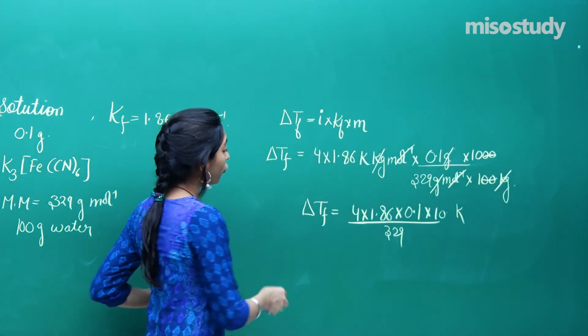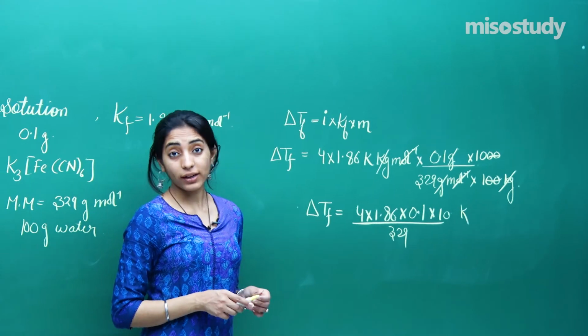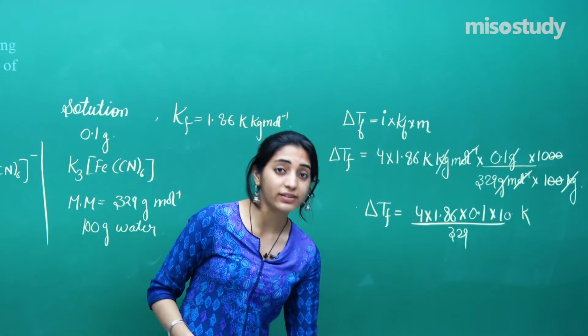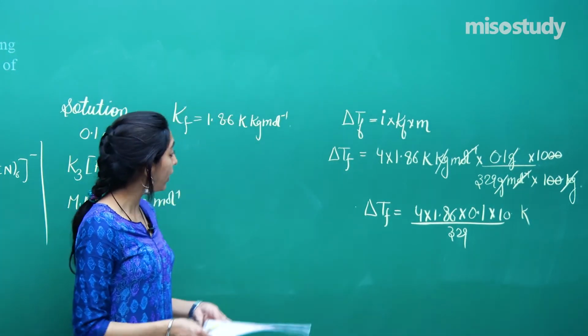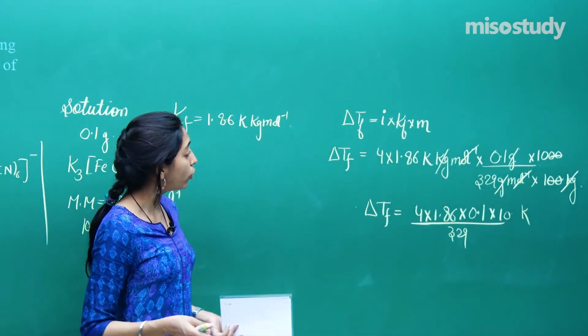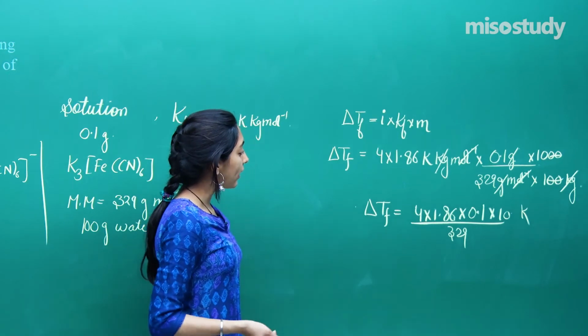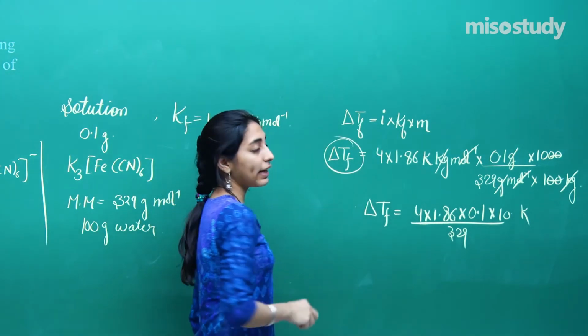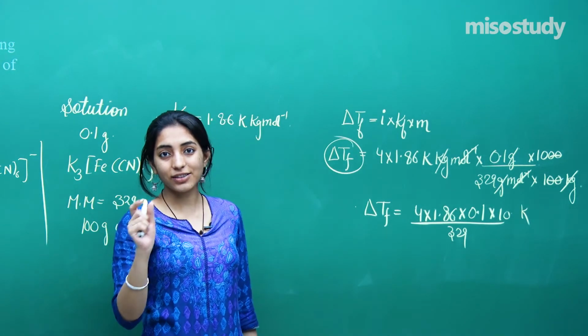Okay, and now you know, right, that simple water will freeze at 0 degrees C or 273 Kelvin. So for this question number 8, if you solve it, you will get the answer. One more thing you can take into account is that this delta Tf could be taken in degrees C also, because it is just the difference.